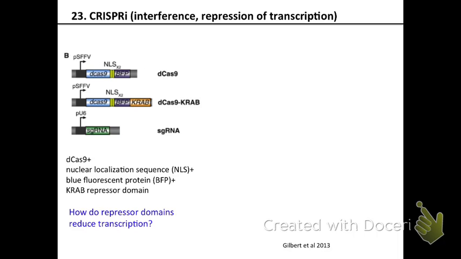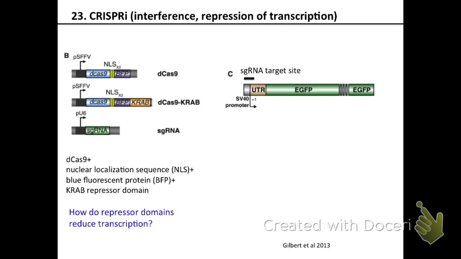Okay, so then you inject these things, and then what you need is a target site, and in this case, the researcher chose a reporter construct. They want to see if they can target and change the expression of this gene called EGFP, which encodes a variant of the GFP protein, so they can measure the amount of expression of this gene using the GFP signal.